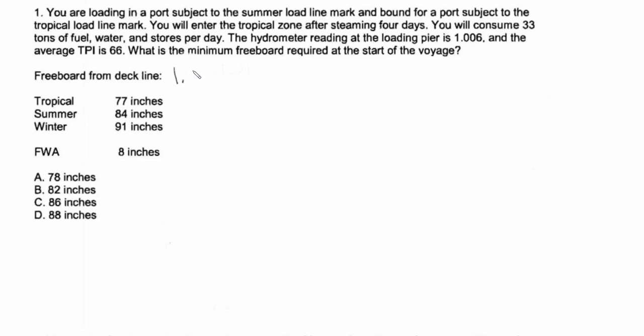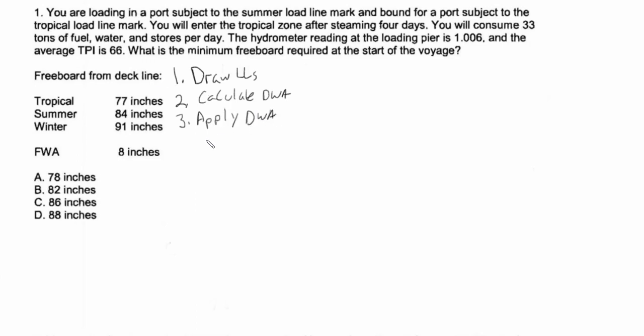All right, so the first thing we're going to do is I'm going to suggest that you draw the load lines. Okay, draw the load lines, and after that we're going to calculate the dock water allowance. The third step is to apply the dock water allowance to our freeboard drafts.